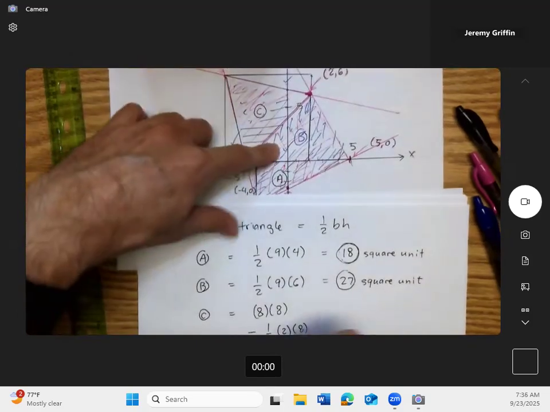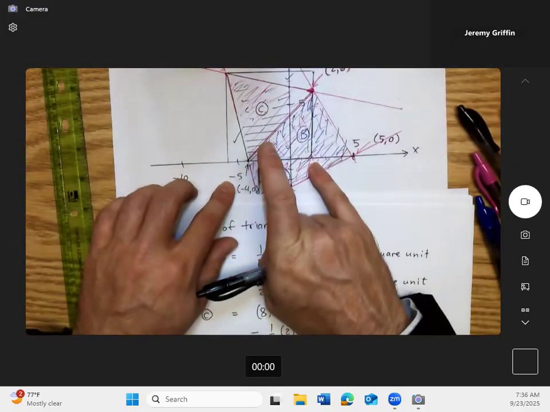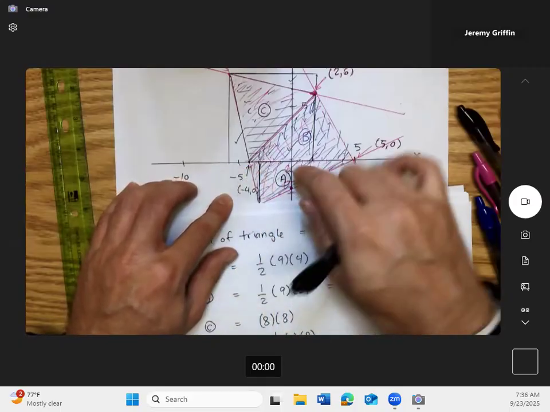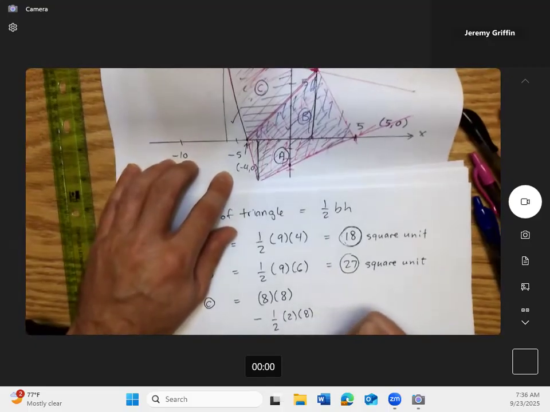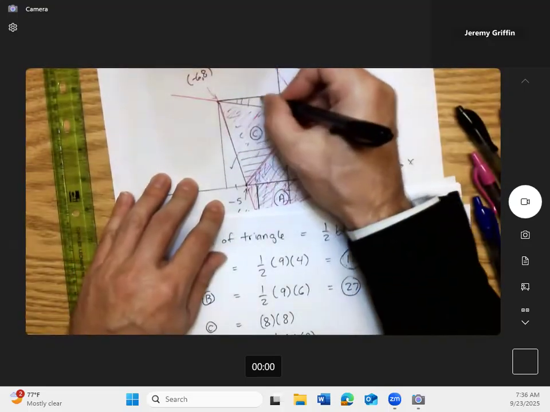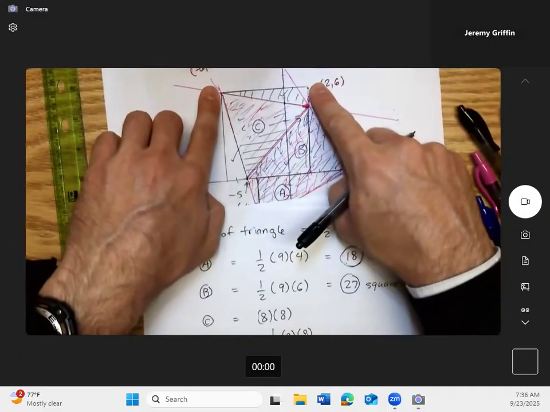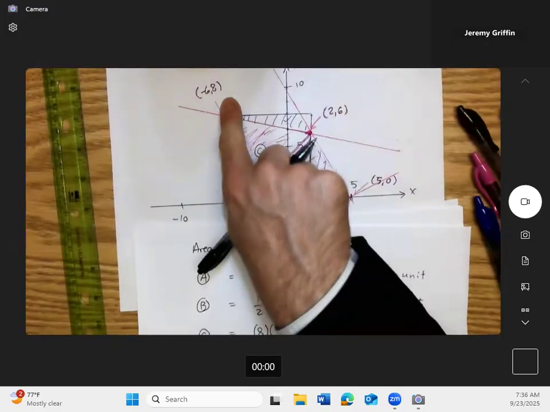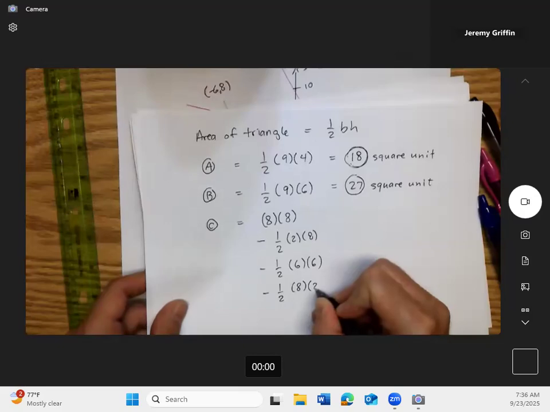This triangle here, look at this one right here, has a base of, I think that's 6, right? And a height of also 6. So minus 1/2 base times height on that front. And then this little skinny triangle up here has a base of 8 and a height of, let's see, is that 2? Yeah, from 6 to 8 would be a height of 2. So minus 1/2 base times height like that.